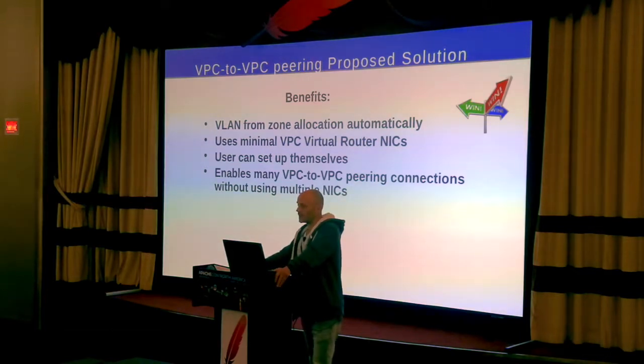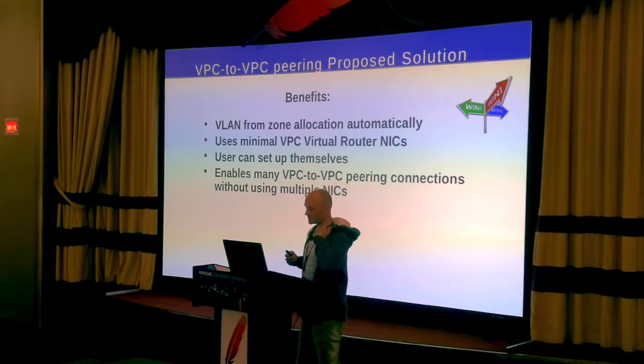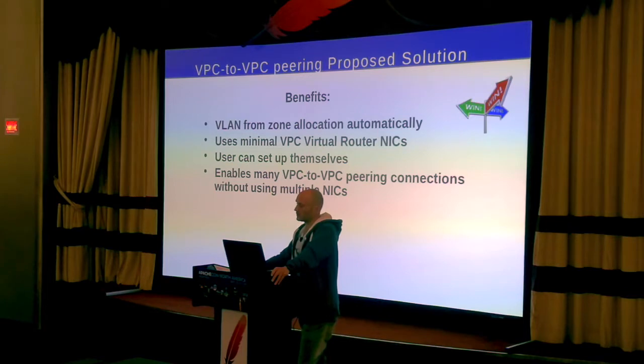And it'll allow a regular user to actually create the private gateway without root admin intervention. And this will also help conserve NIC allocations, and thus allowing us to be able to peer many more VPC peerings than what we can do currently.